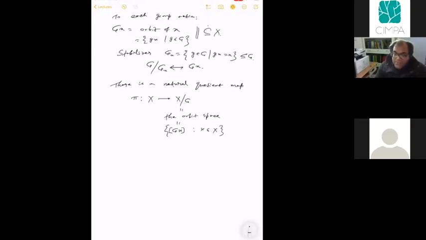And this map is defined in a manner that a subset in the image is open if its inverse image is open in X. So that gives it a quotient topology.